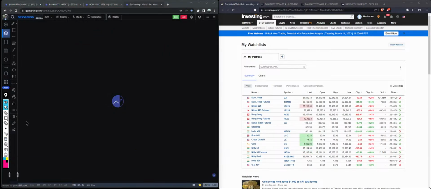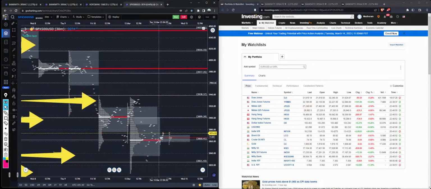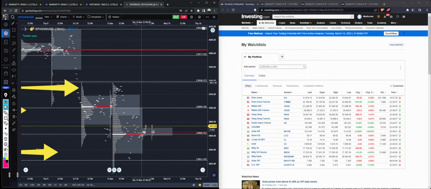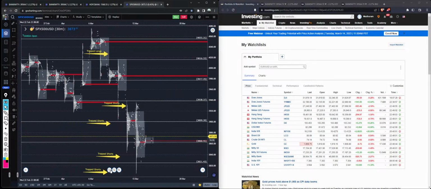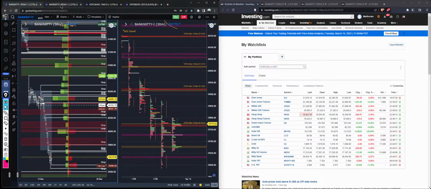So it is balancing. Supply shut off here, and let me zoom out. We had a look below and fail. So the S&P 500 is still balancing.